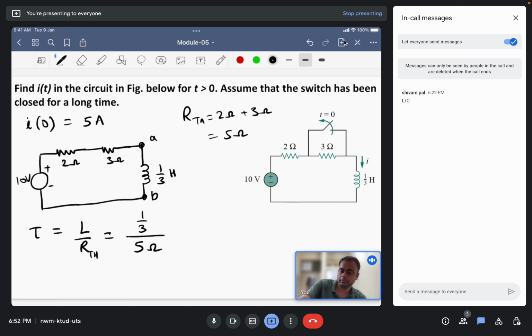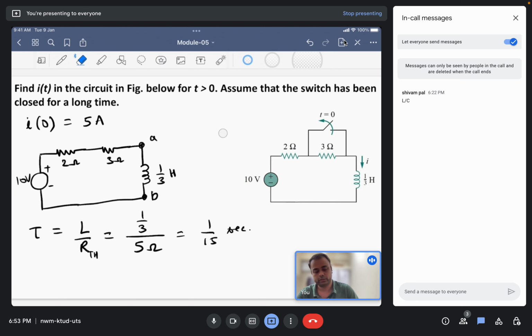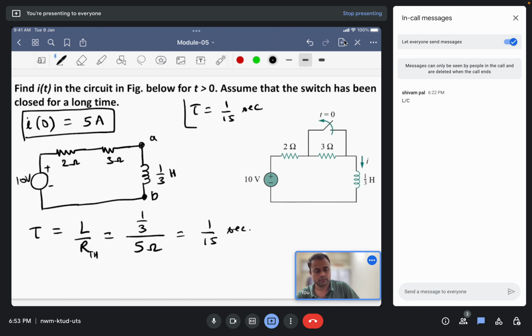Substituting RTH as 5 ohms, this becomes 1/15, that is the time constant of the circuit, 1/15 seconds. So let us write down tau is 1/15 seconds, and I naught is 5 amperes, and now we have to find the current at infinity.